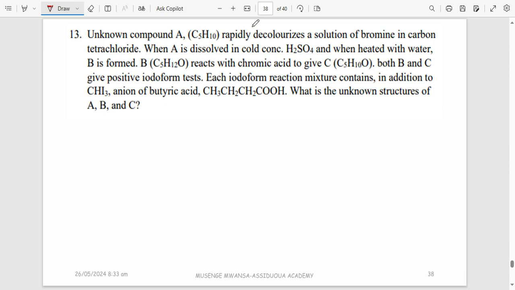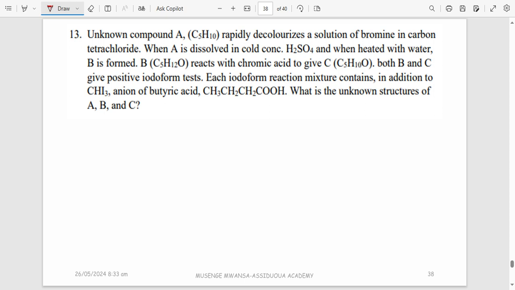And then we are also told that when A is dissolved in cold concentrated sulfuric acid and heated with water, B is formed.